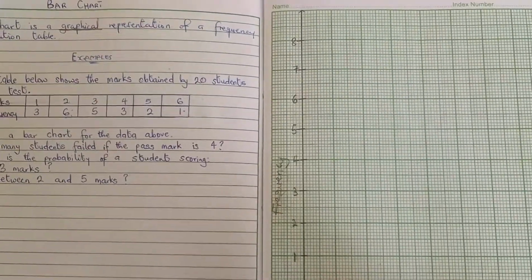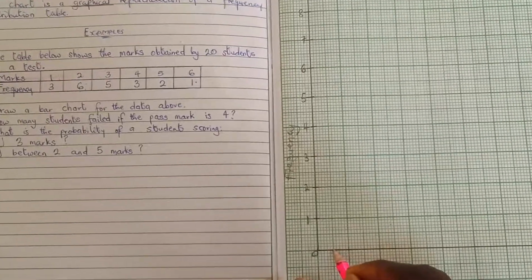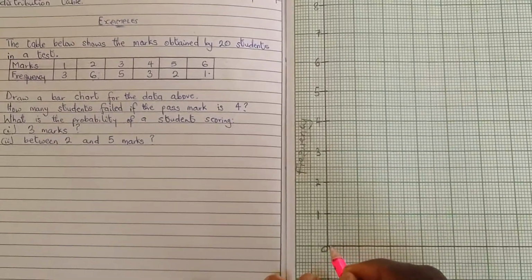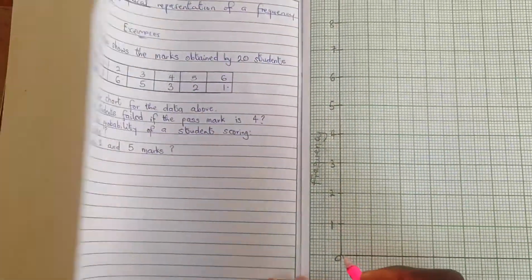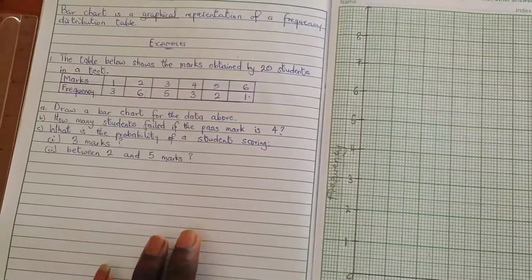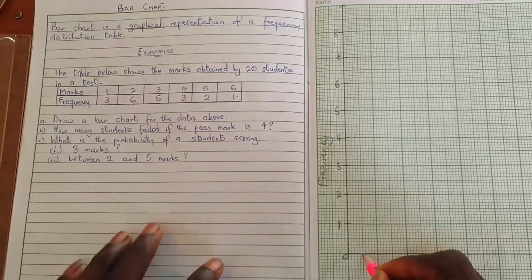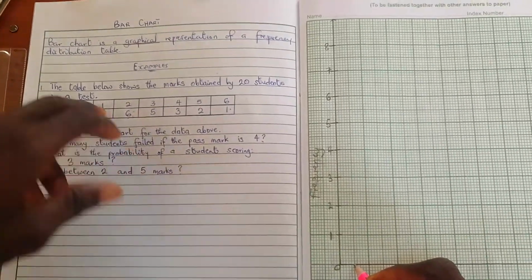So I want to leave 1 centimeter and start my bar here. Now the space that we are going to leave between the vertical axis and the first bar should be the same spaces between each of the bars. So I want to begin here, and the first mark here is 1.